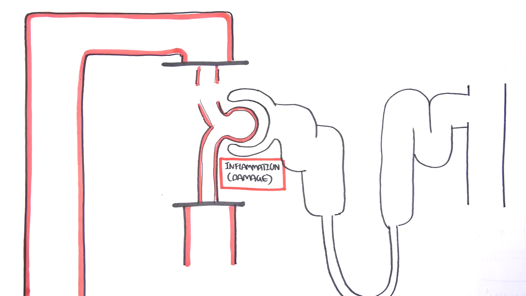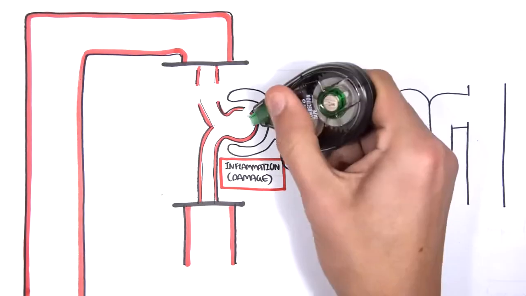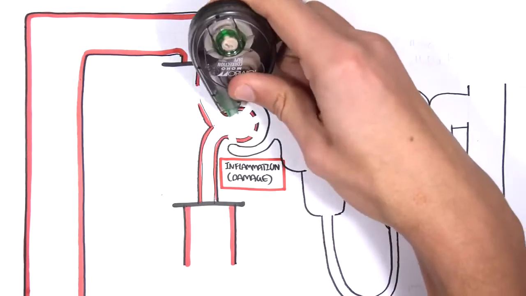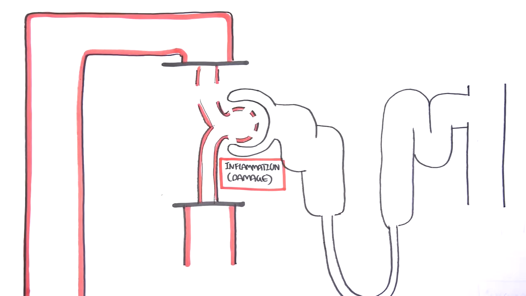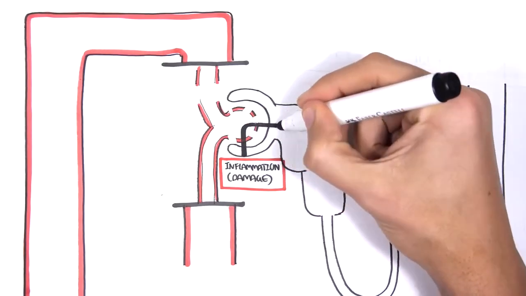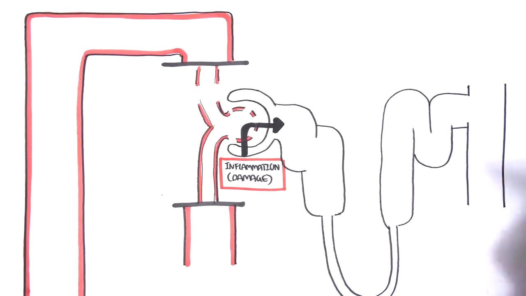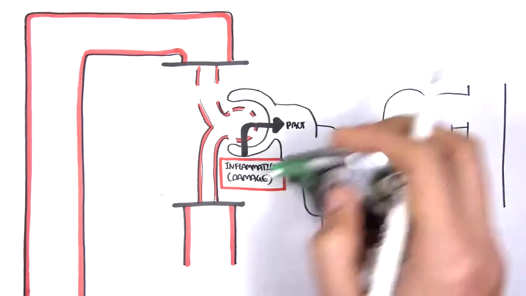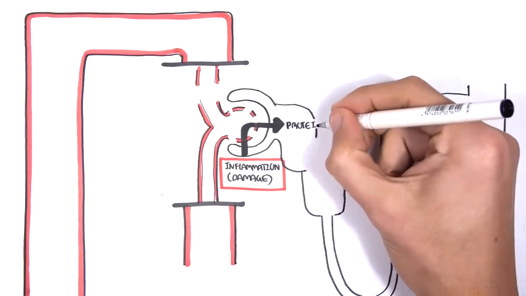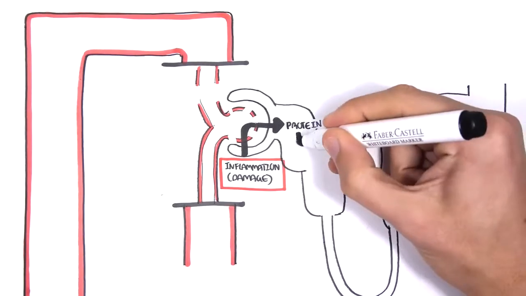Whatever the cause, it results in damage and inflammation, specifically to cells called podocytes, which normally help prevent protein loss. So podocytes are damaged within the glomerulus, and this damage will allow proteins to pass through into the nephron's tubule. And remember, this usually should not happen.